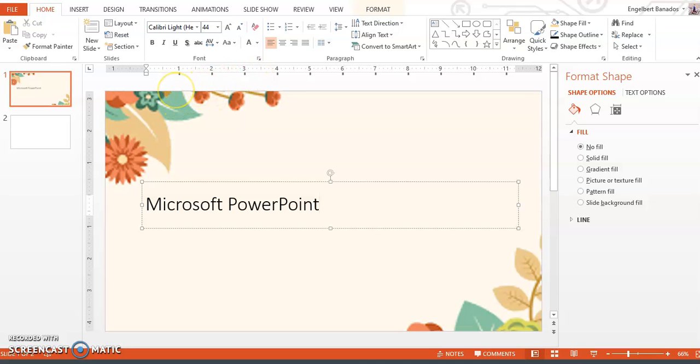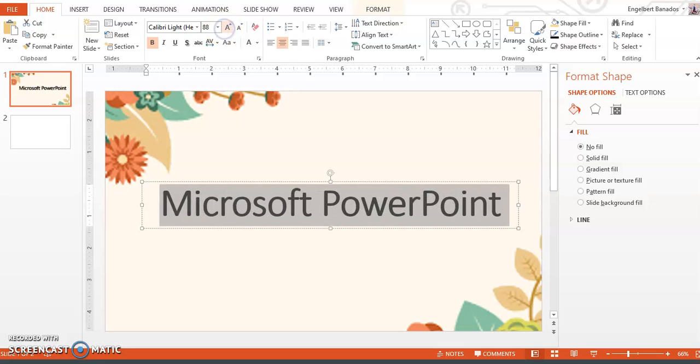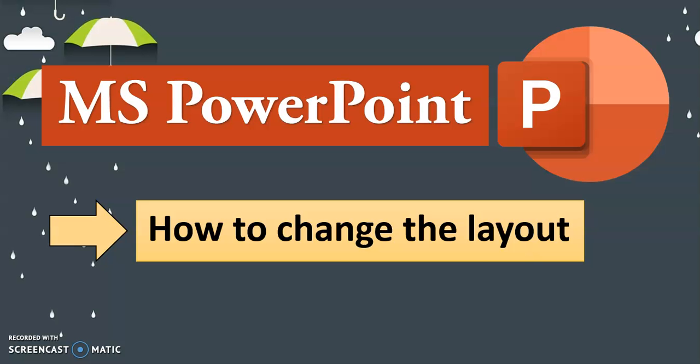So here, let's put this in the center. Make it bold. Let's make it bigger. Okay. Now, it's up to you how you're going to change its fonts and designs. So that's how you change the layout.